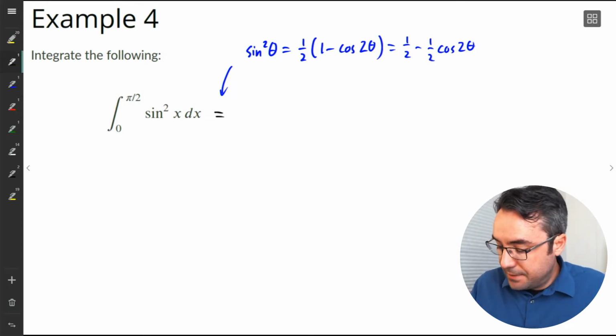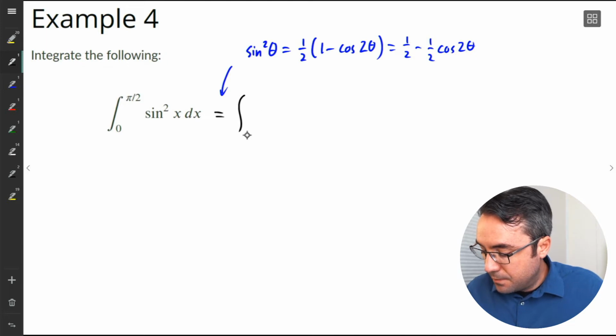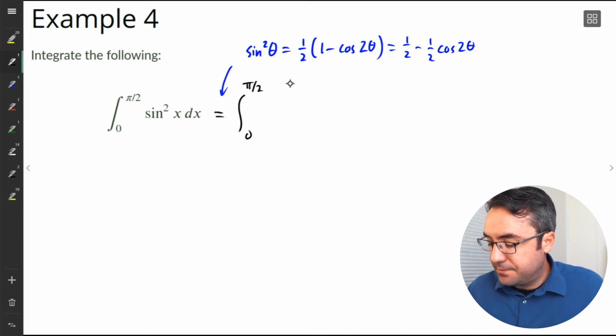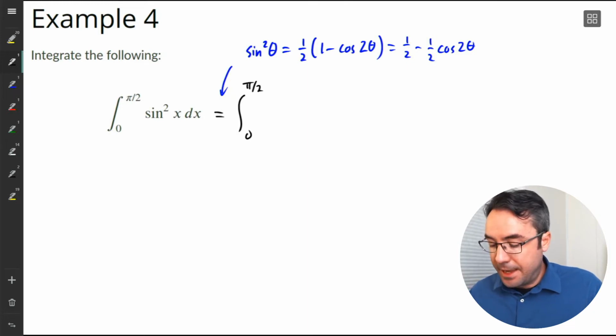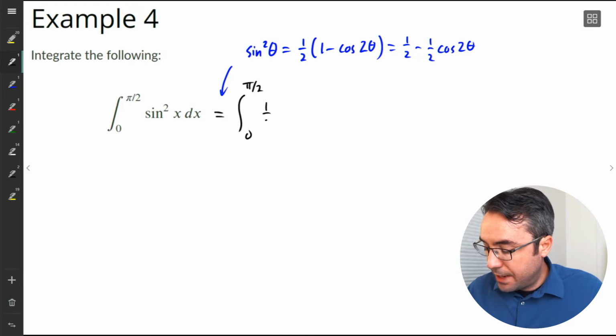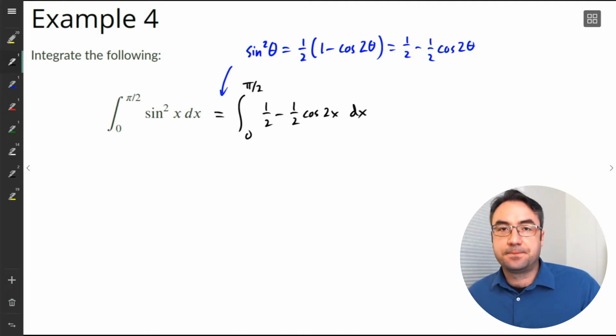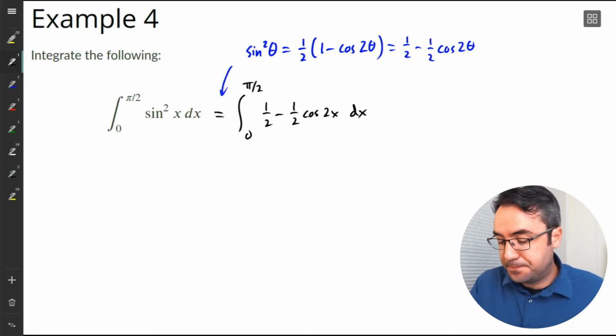So when I put this in, we haven't done any integration yet. We're just applying that trig identity, and we're going to take this sine squared x, and it's going to become 1/2 minus 1/2 cosine of 2x. So all we're doing there is the trig identity.